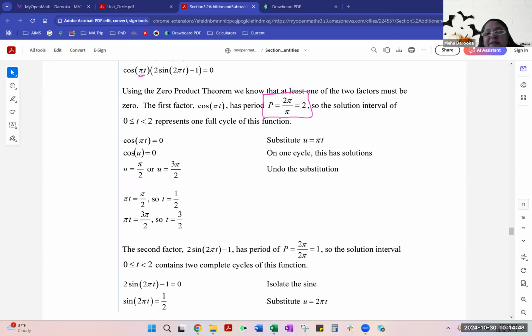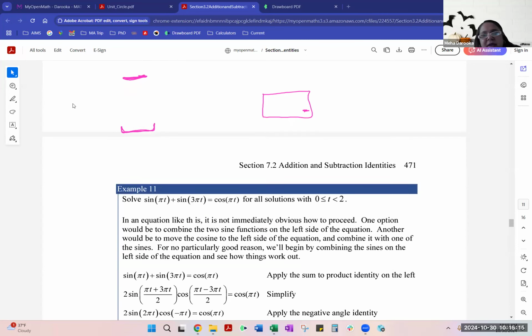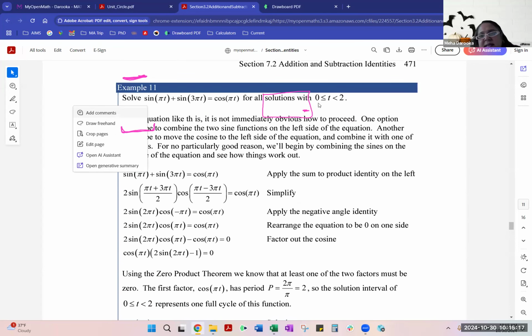So 2 pi divided by pi simplifies into 2. So the period of this cosine of pi t function is going to be 2, which tells us that within that cycle of 0 to 2, we're going to have one full cycle of this cosine of pi t function, which is what they wanted us to find the solution for, right?